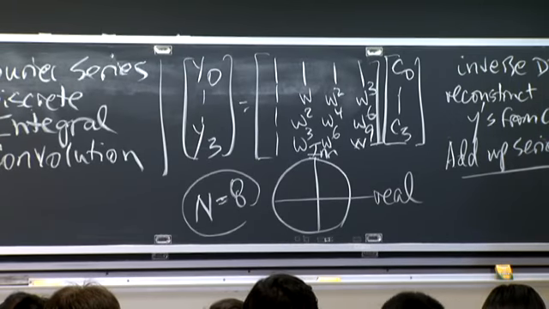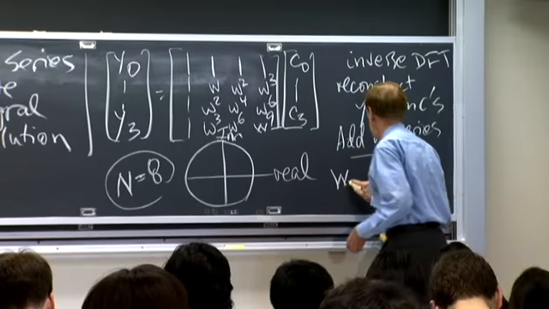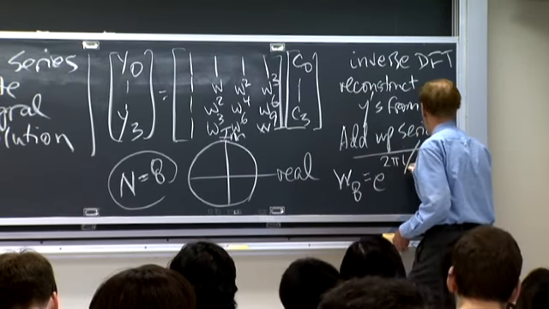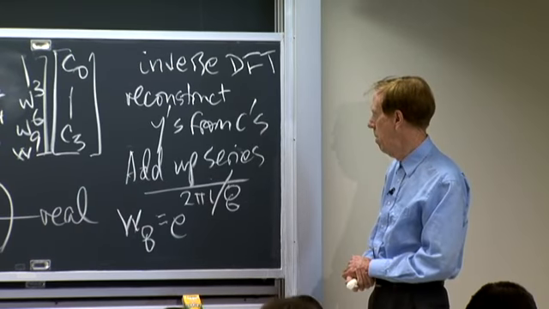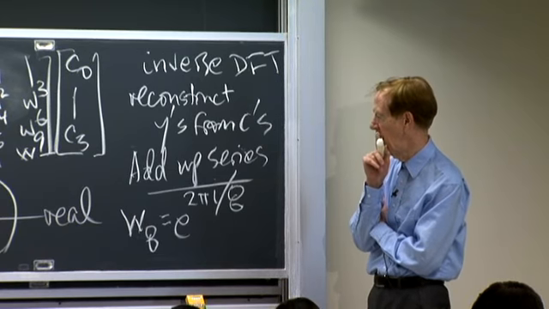If n is 8, where would W8 be? So W8 is meant to be e to the 2 pi i over 8. Where's that number in that picture?